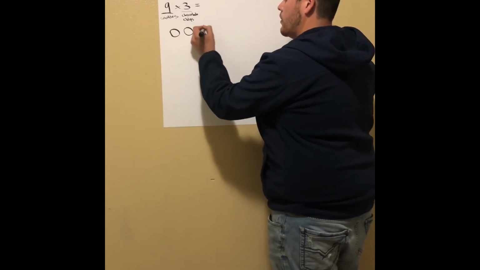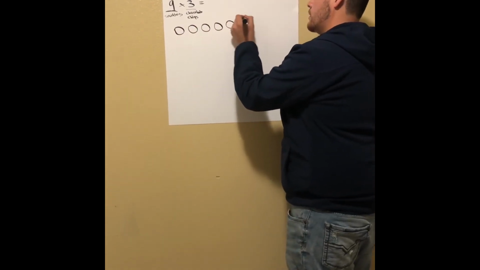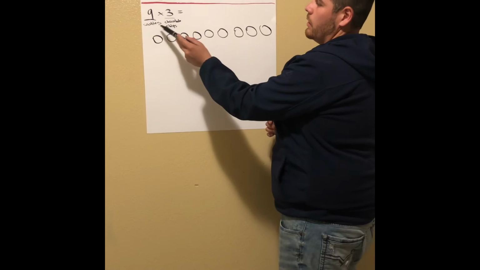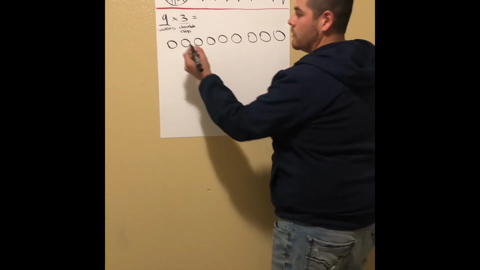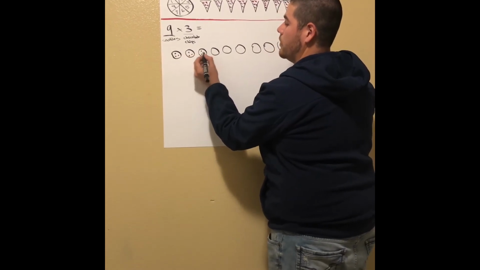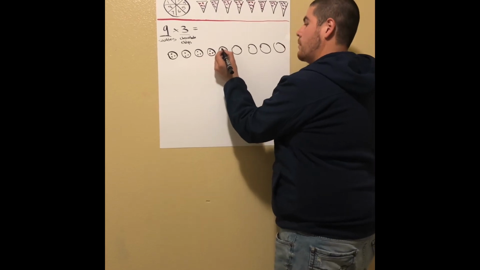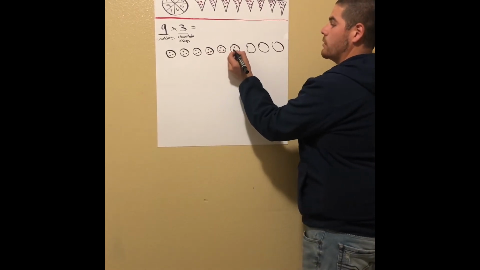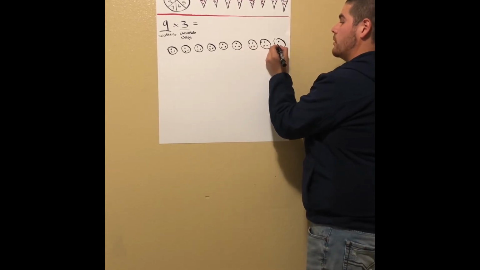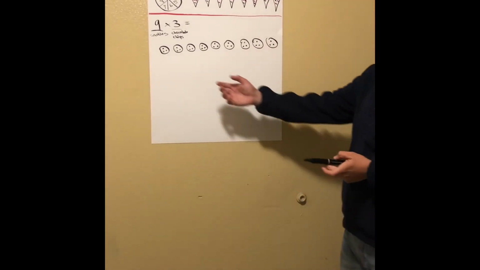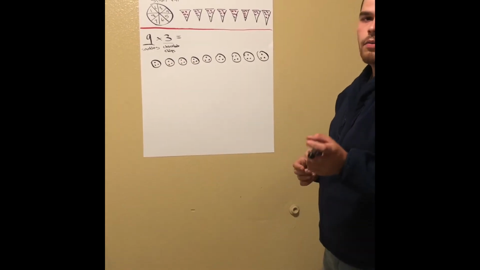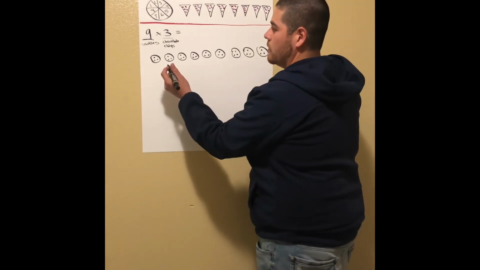So, we're going to go ahead and draw our 9 cookies. 1, 2, 3, 4, 5, 6, 7, 8, and 9. And on each cookie, we're going to have 3 chocolate chips. So now that we have our 9 cookies and 3 chocolate chips on each cookie, we're going to go ahead and count the chocolate chips.